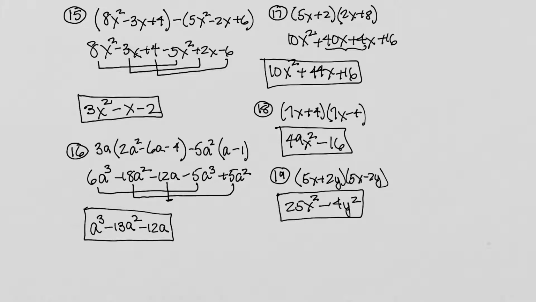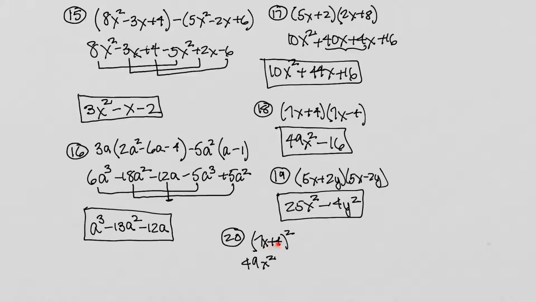There we go. In number 20, we're squaring a binomial. We have a pattern for this, right? We square the first, multiply the 2 together, double it, and then square the last. So let's do it. Let's talk our way through it, and as we say it, we'll write it. So we're going to square the first, 49x squared.